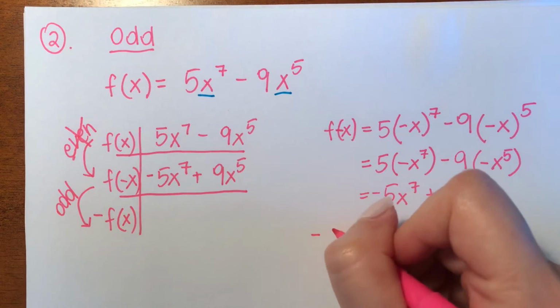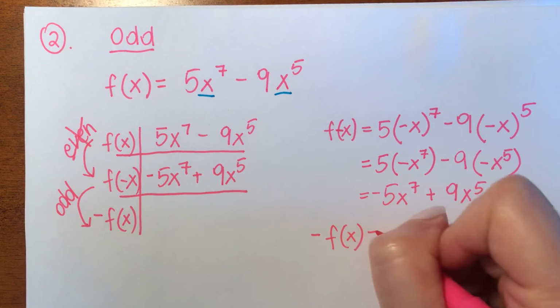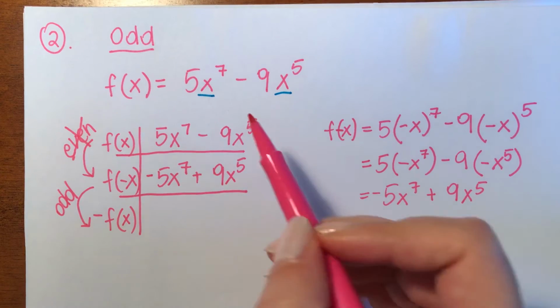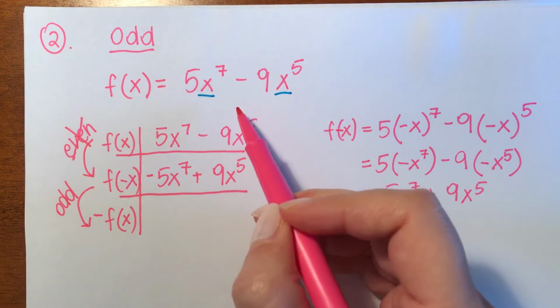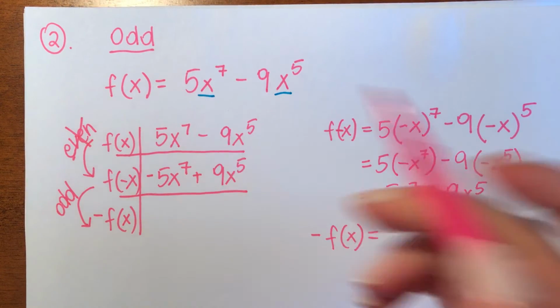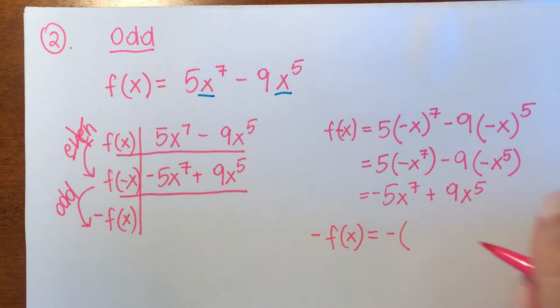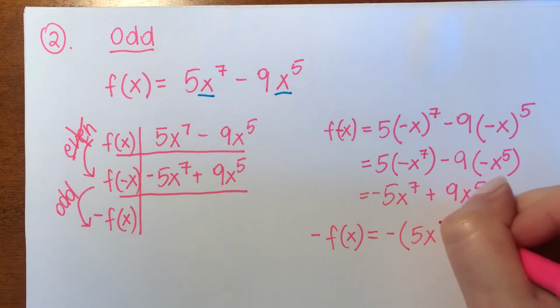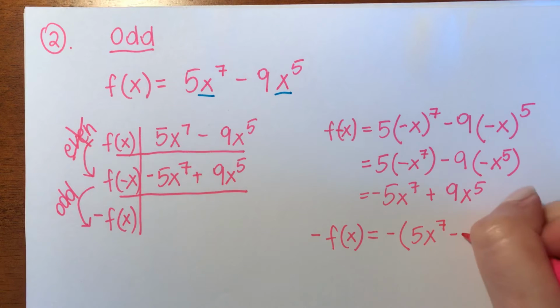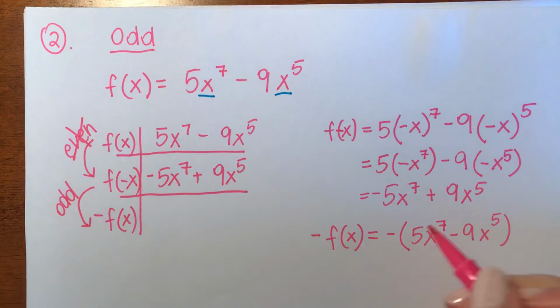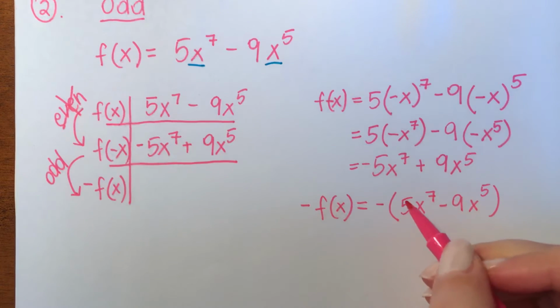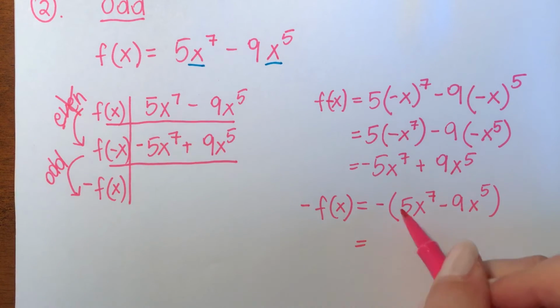So I get negative f of x. I'm going to put the whole original function inside of the parentheses and put a minus in front. So negative, and then 5x to the 7th minus 9x to the 5th. When you distribute the negative, all the signs inside of the parentheses will change.